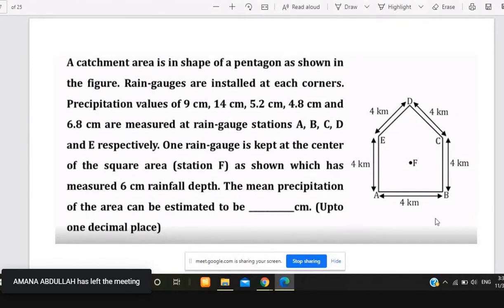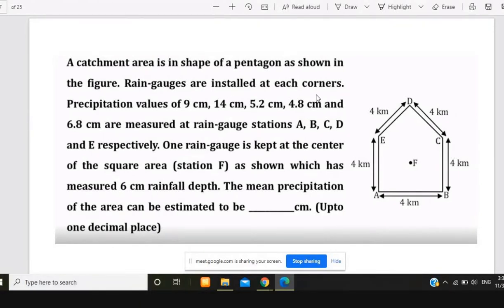Rain gauges are installed at each corner. Precipitation values of 9 centimeter, 14 centimeter, 5.2 centimeter, 4.8 centimeter, and 6.8 centimeter are measured at rain gauge stations A, B, C, D, and E respectively. One rain gauge station is kept at the center of the square area, that is station F, as shown, which has measured 6 centimeter rainfall depth. What is the mean precipitation of the area?